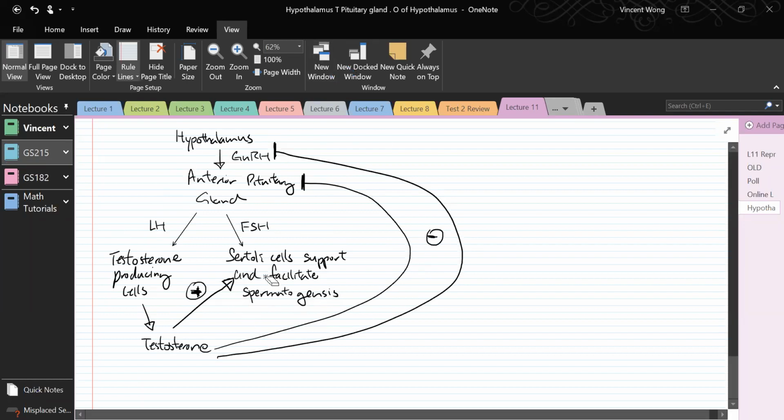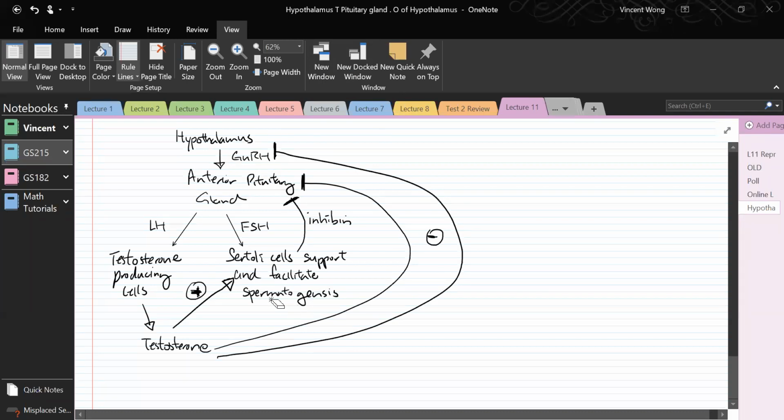And there's another hormone from the Sertoli cells that will also inhibit it. I don't remember if I talked about it. I'll write it down here. There is something called inhibin, which will also suppress the anterior pituitary gland. So it's all about maintaining a balance.